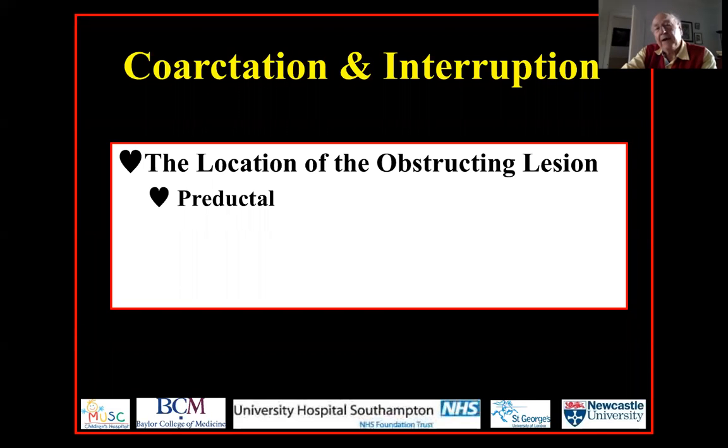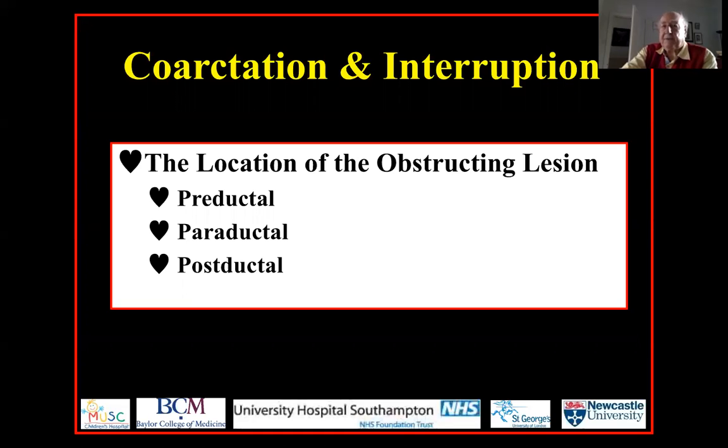So where and how do we find and describe the obstructive lesion? And this is where the duct becomes so important again, because the obstructing lesion in most instances is in front of the arterial duct, it is pre-ductal. But it can be opposite the mouth of the arterial duct, and on very rare occasions, it can be distal to the mouth of the open duct.